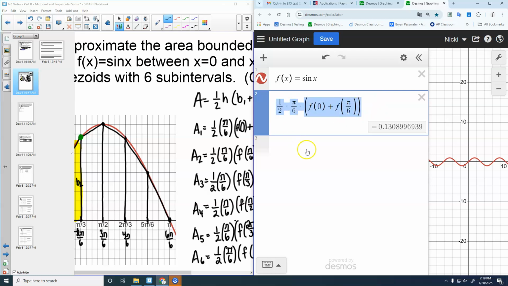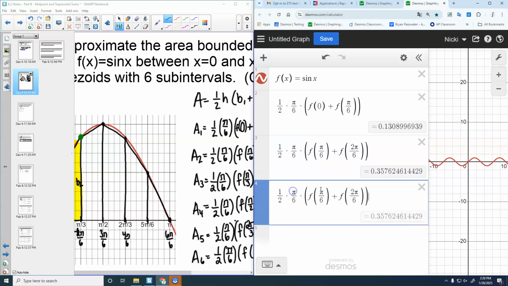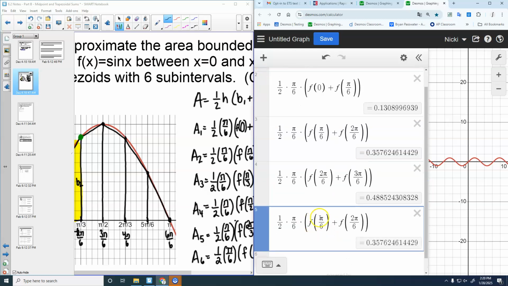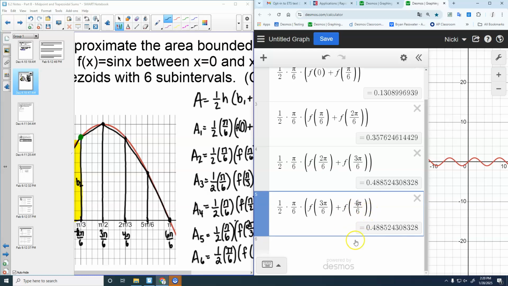Then I would have to find the next one. So I could do pi over 6 plus, let's just do 2 pi over 6, right? Got that one. I got 2 pi over 6 to 3 pi over 6. I've got 3 pi over 6 to 4 pi over 6.